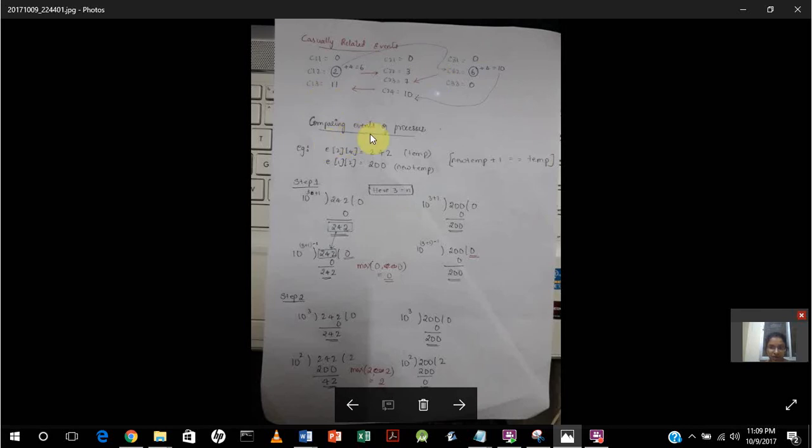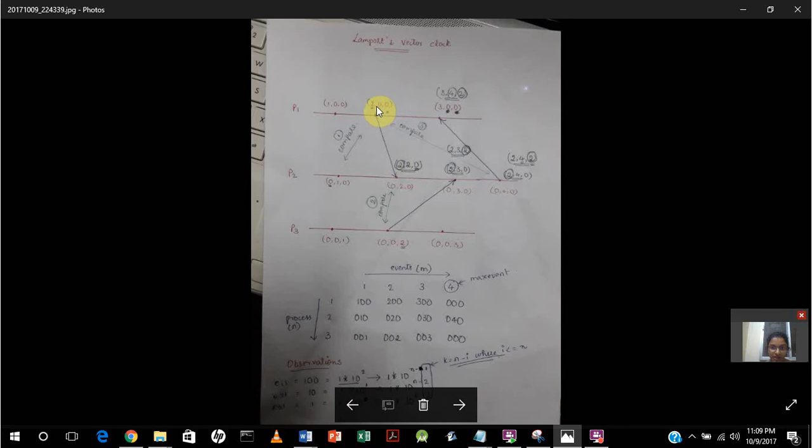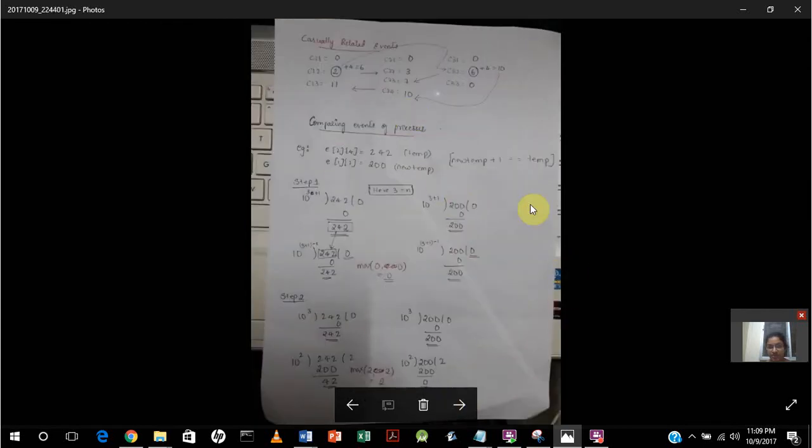Now to compare the events of processes, comparing 2, 0, 0 with 0, 1, 0 to get this right value. How is it done mathematically? I have used this concept.